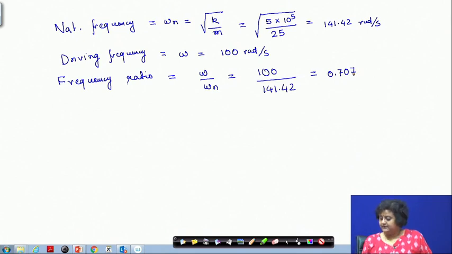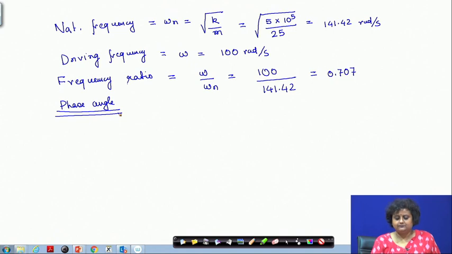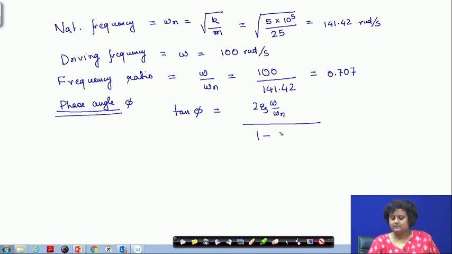Now, we have seen earlier that the phase difference between the response and the forcing function is phi, and we have seen this relation that tan phi is equal to 2 zeta omega by omega n divided by 1 minus omega by omega n squared. Let us see what we know in this expression.